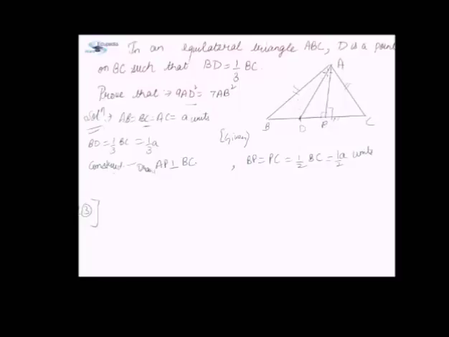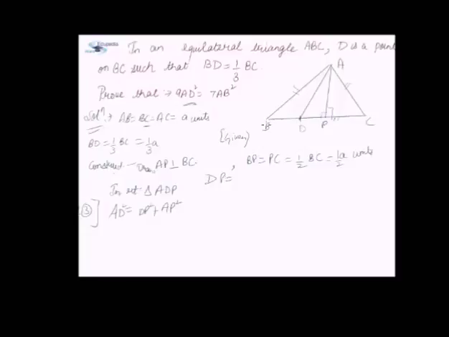So let us apply Pythagoras theorem first of all on this ADP, because we need AD, which is the hypotenuse of ADP. So in right triangle ADP, we have hypotenuse square is equal to base square plus perpendicular square. Now what is DP?